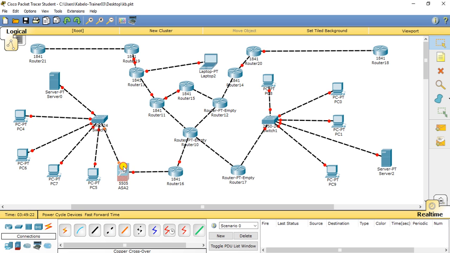So let's say, for instance, a user from Russia wants to access your environment.